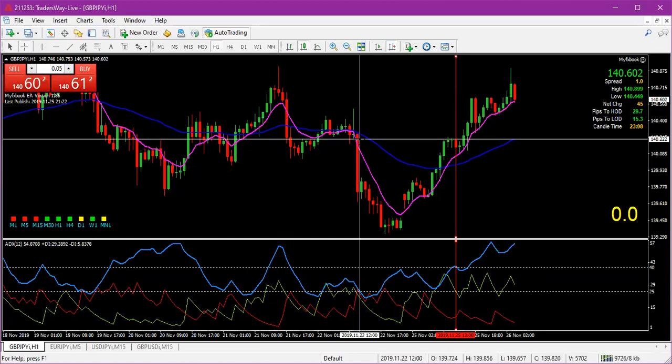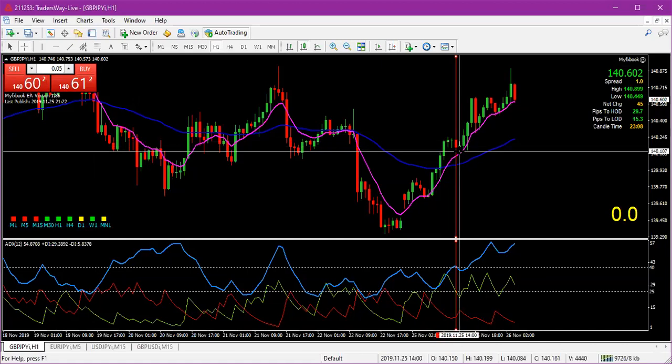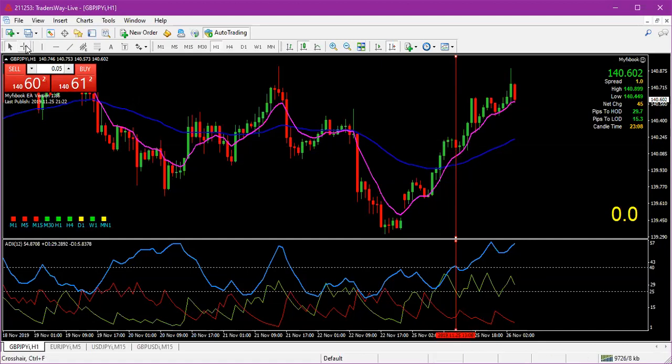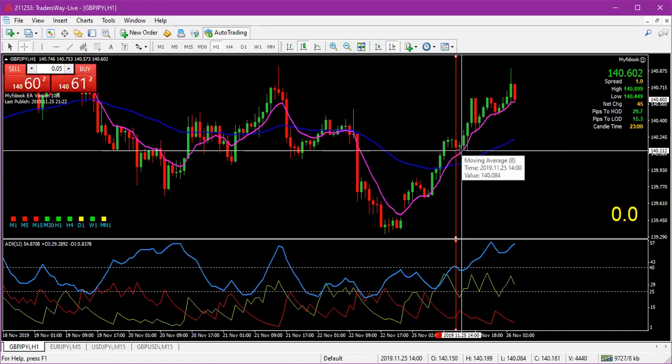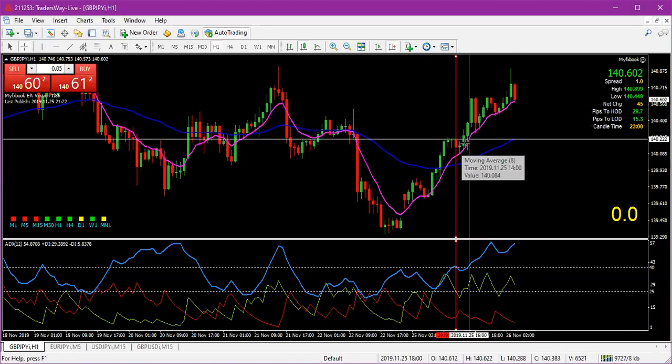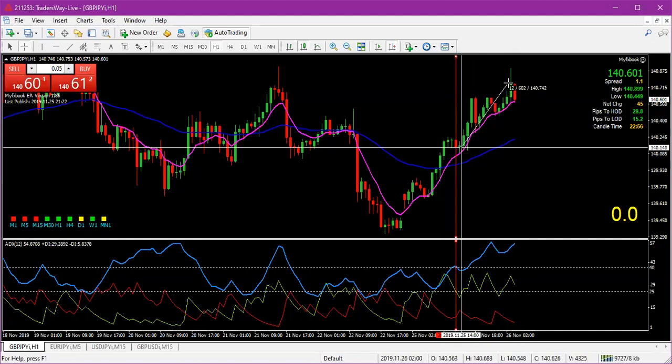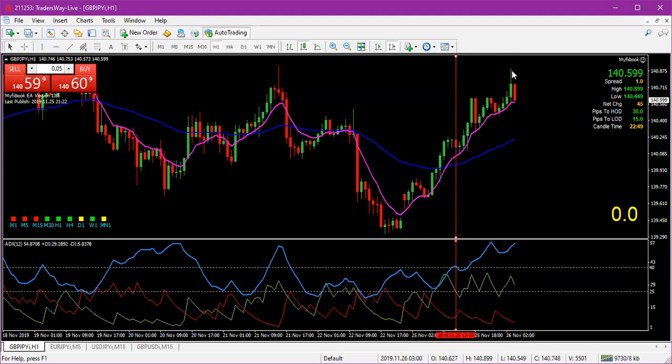So with that, let's say if I were to enter here and ride this up. This is potentially 73 pips, and we're on an H1, so this is a long-term trade.